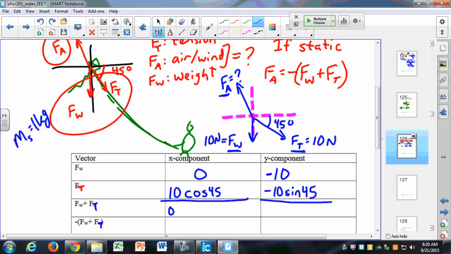That's going to be 0 plus 10 cosine 45. It's 7, I'll just call it 7 newtons. And then over here it's going to be negative 10 plus negative 10 sine 45, which will be negative 17 newtons.